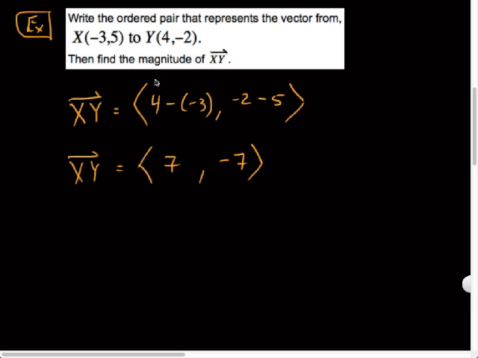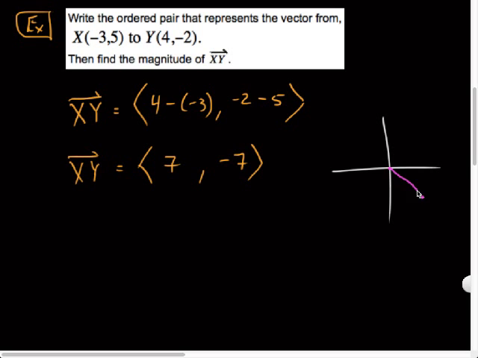This vector is the same direction and magnitude as the line drawn from this point to that point, even though it is no longer located at those points. I've shifted it so it starts now at the origin. The vector I'm talking about starts here and goes over 7, down 7.